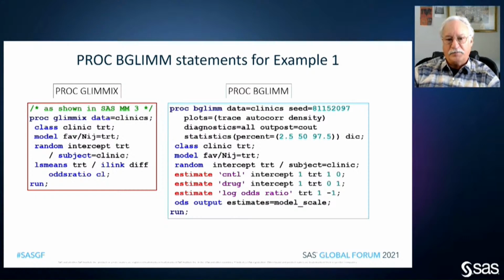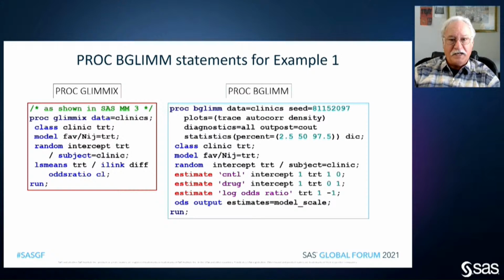There's an outpost option that we'll talk about later. And you can ask for various quantiles of the statistics of the posterior distribution. And then there's something called a deviance information criterion, that's DIC, which has the same role with Bayesian analyses that the information criteria have with PROC GLIMMIX.